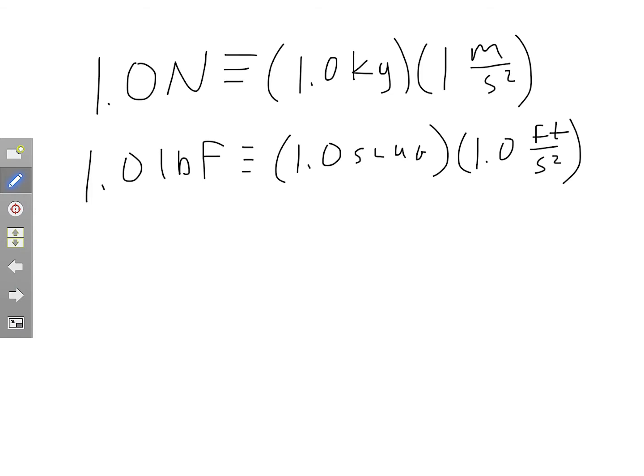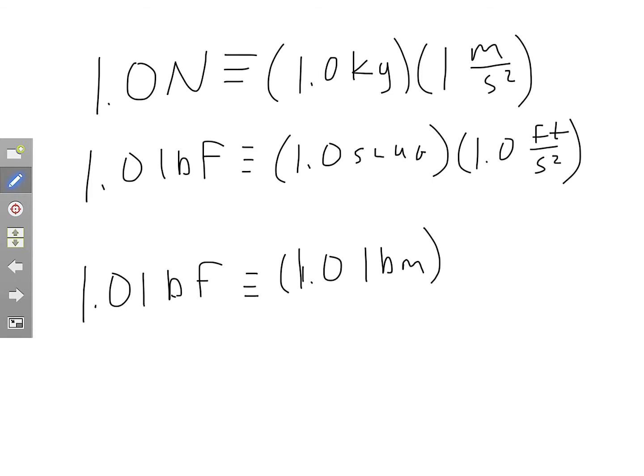And in addition, 1 pound force is also defined to be the amount of force that is exerted by a 1 pound mass accelerated at a rate of 32.2 feet per second squared.